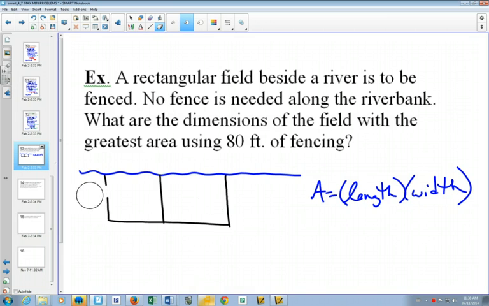So that makes sense for us to call those x, x, and x. How much would be left along the other side? In terms of x. 80 minus 3x. That's what you did every time with numbers, so you do the same thing with algebra.